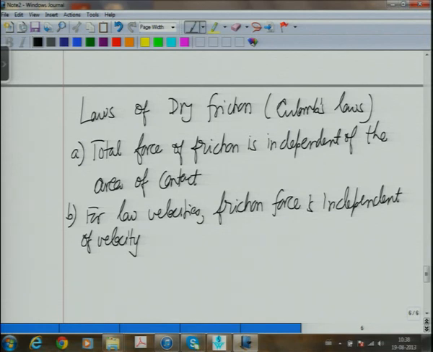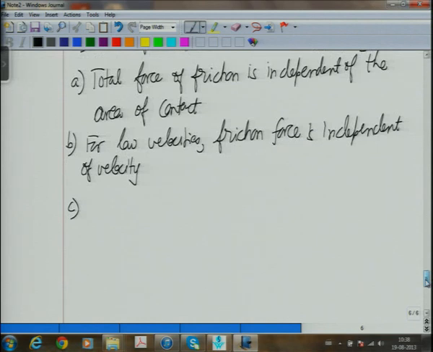And the third law, which is the one where most of the problems come, says that for impending slip or slip, so now he is talking of two cases. Either the body is just about to slip, that means you are applying a force on a body.